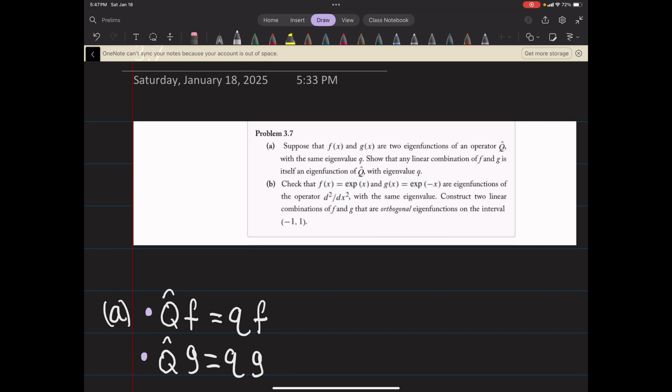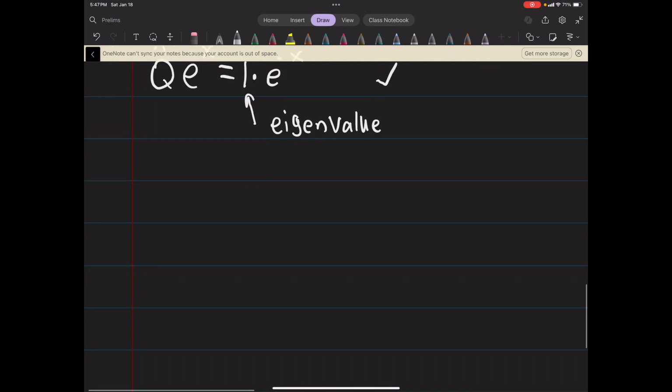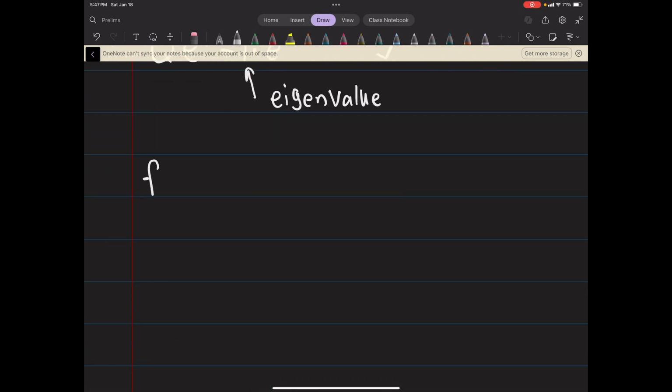Now, we want to construct two linear combinations of f and g that are orthogonal eigenfunctions on the interval -1 to 1. So again, f of x equals e to the x, and g of x is e to the minus x.